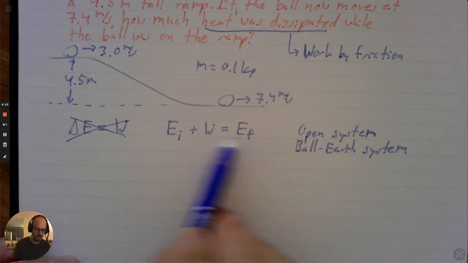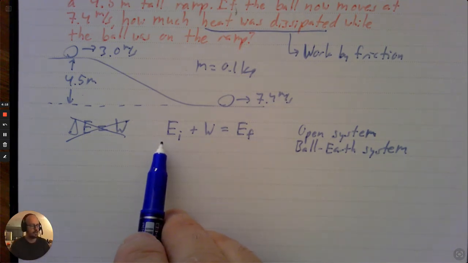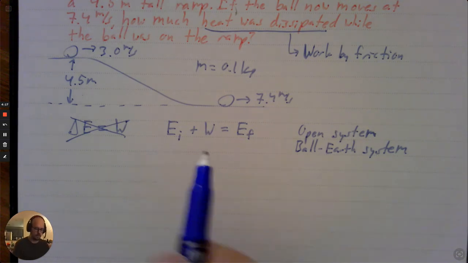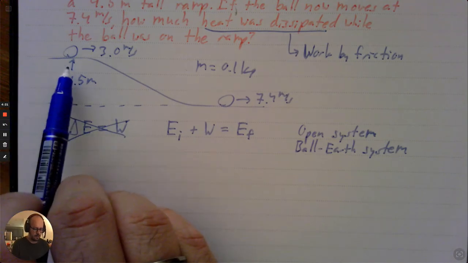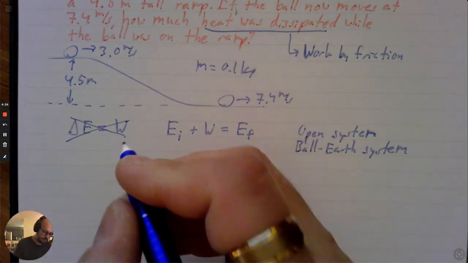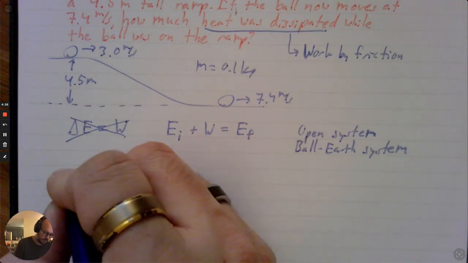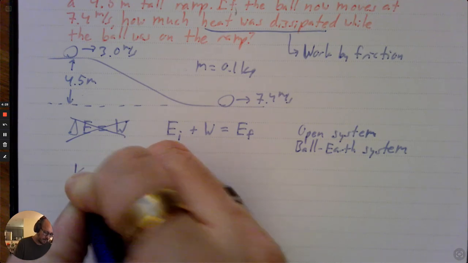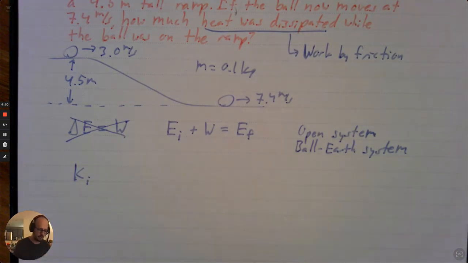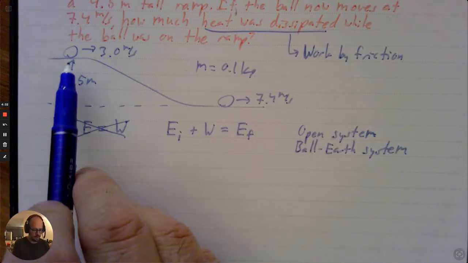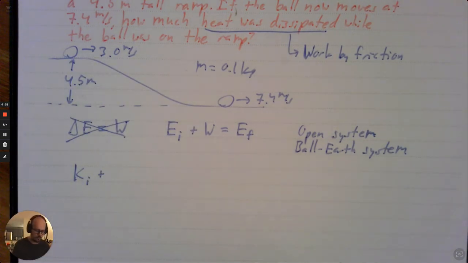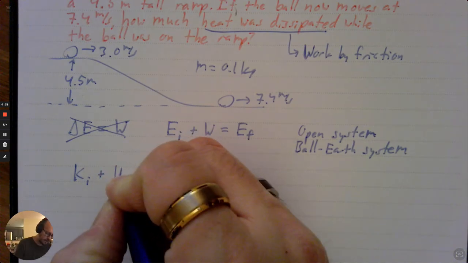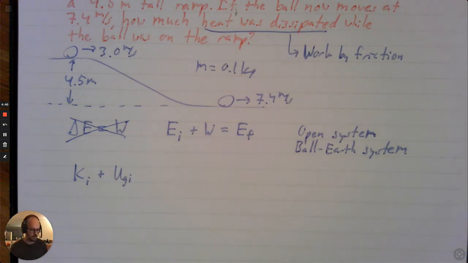Now, this equation is basically just an idea, so I want to expand upon it. In terms of initial mechanical energy, based on what I know about the ball, it has kinetic energy. Initial kinetic energy is something that exists. And the ball is at the top of this ramp, and because it's going to move down the ramp, I will say that initially it has gravitational potential energy.